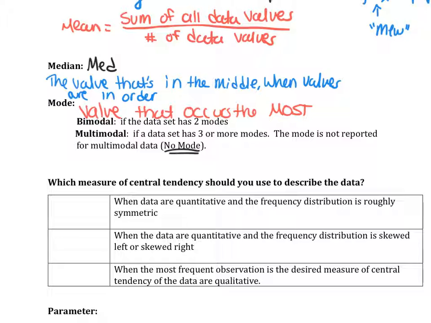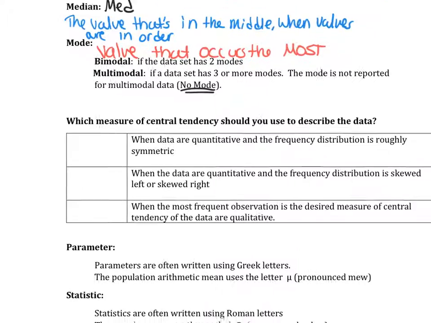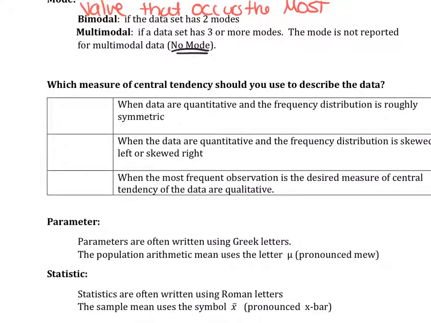Okay, so these three measures of central tendency, there are certain times where one is more appropriate to use than the others. And so, which measure of central tendency should you use to describe the data when the data is quantitative and the frequency distribution is roughly symmetric? So if we have a symmetric distribution, we can use the mean to represent our data, because a mean is affected by outliers, and if it's symmetric, that means there's no outliers.